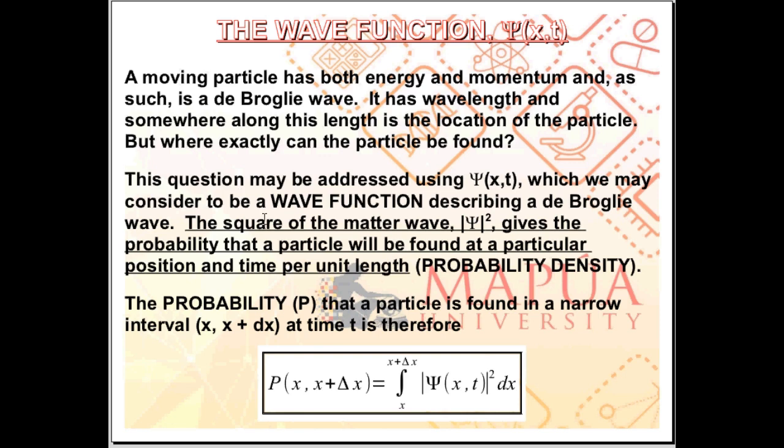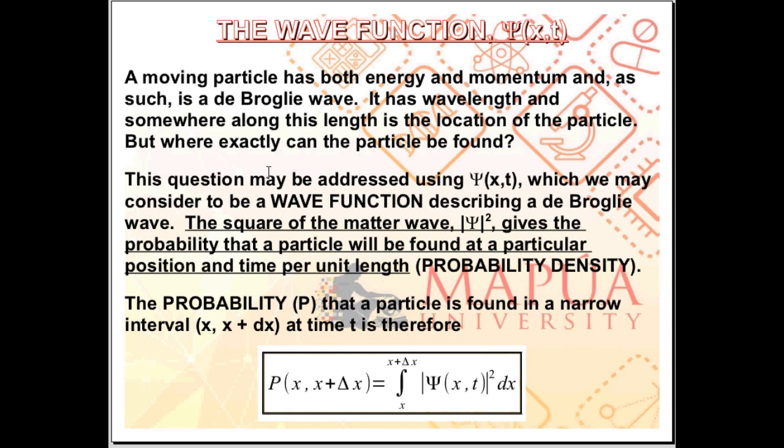This question may be addressed using psi of x, t, which may be considered to be the wave function describing a de Broglie wave. Waves are defined by the wave function. The same goes for the de Broglie wave. It is described by the wave function.